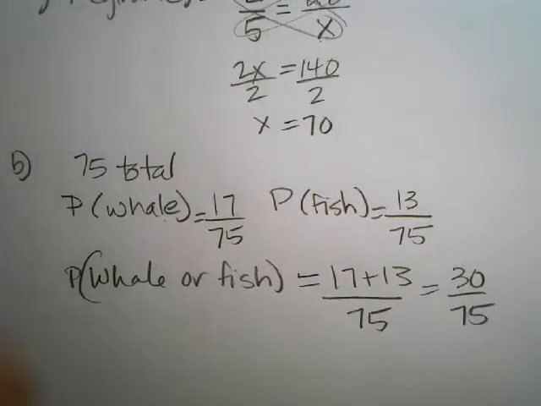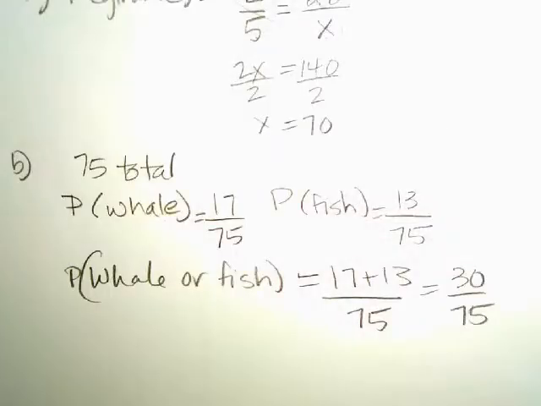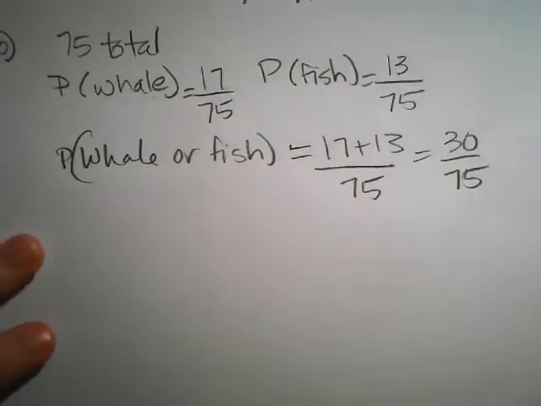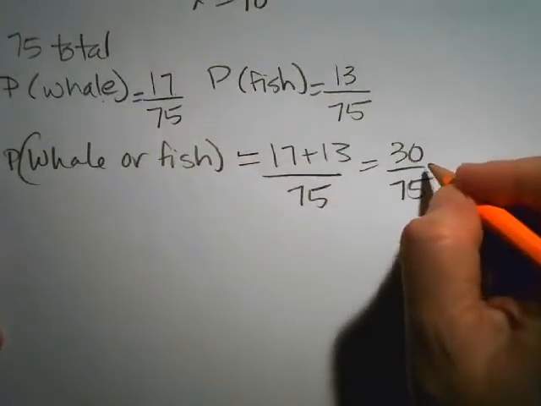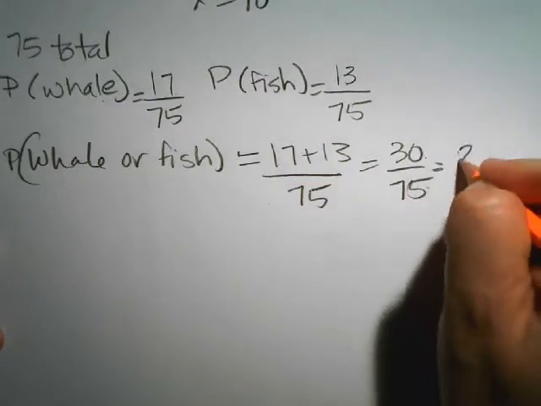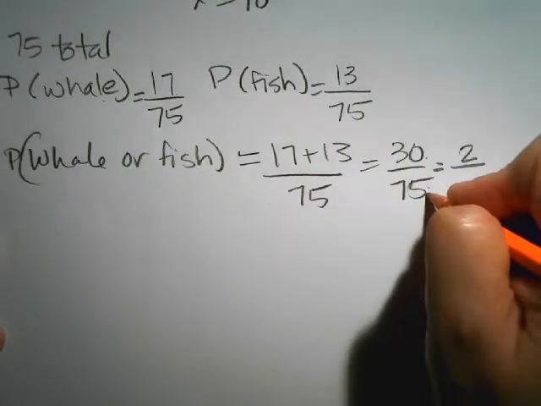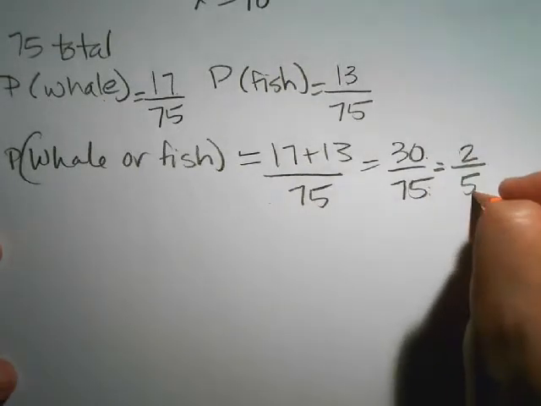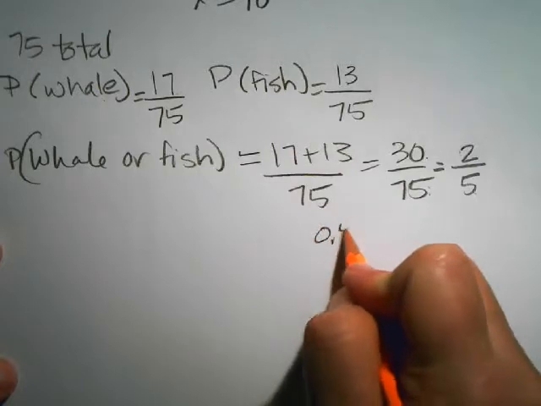Okay, part C, express the probability as a percent. Let's review that. So 30 divided by 75 could be reduced. I know both of those are divisible by 15. 30 divided by 15 is 2. 75 divided by 15 is 5. 2 divided by 5 is 0.4.